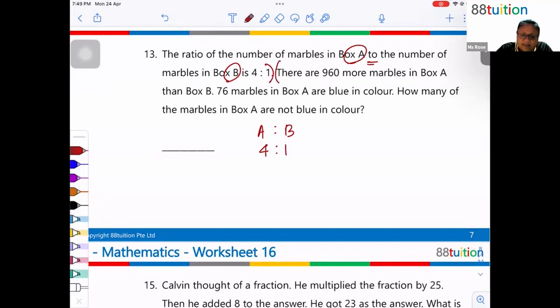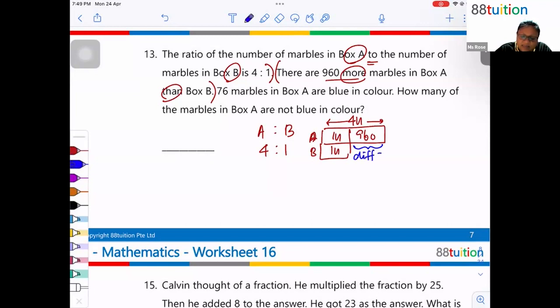And it also says that there are 960 more marbles in A than B. So with this, remember, more than, we can represent it as a model: 960 more marbles in A than in B. But they already gave me the ratio of A and B. A is 1 unit and B is 4 units. So the difference between A and B is 960, and the difference is 3 units.